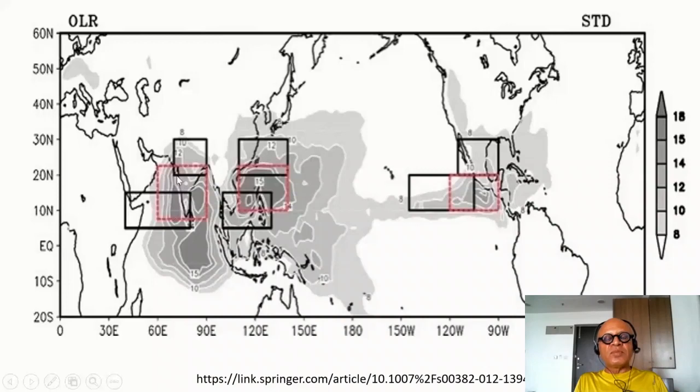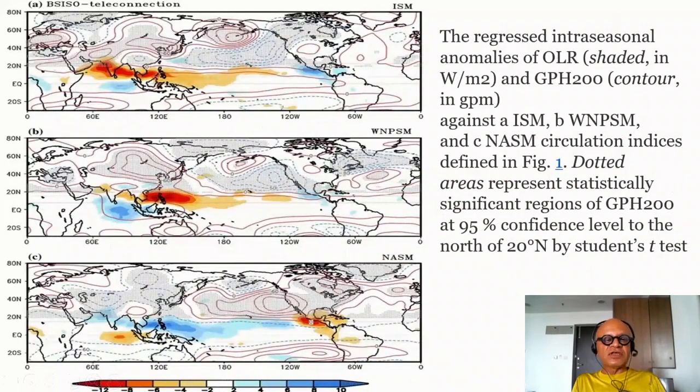So the tropical convection during boreal summer is looked at in these boxes, the ocean boxes, these monsoons of South Asia, West North Pacific, and the northern North American summer monsoon, and so on, in this paper that's linked here. I'm just going to show the figures so that you can see that the teleconnections are again quite robust from the tropics to the extratropics, and there are relations where the extratropical waves can precede the convection and then follow the convection as well.